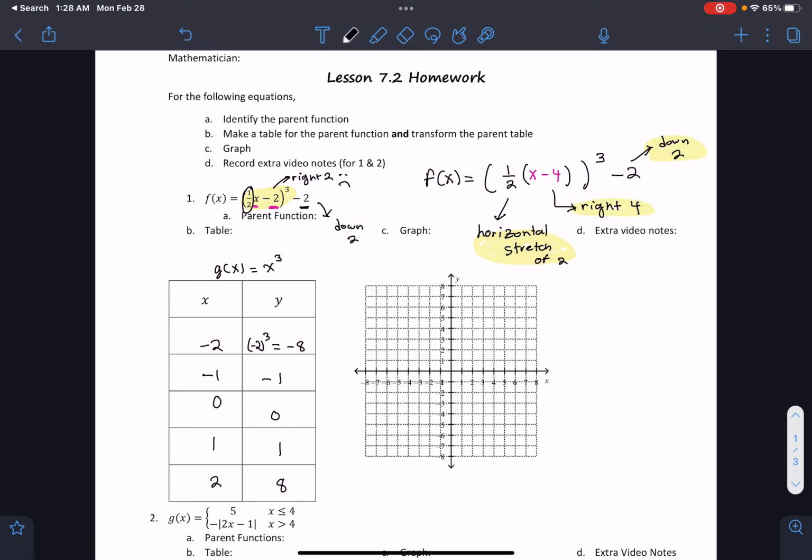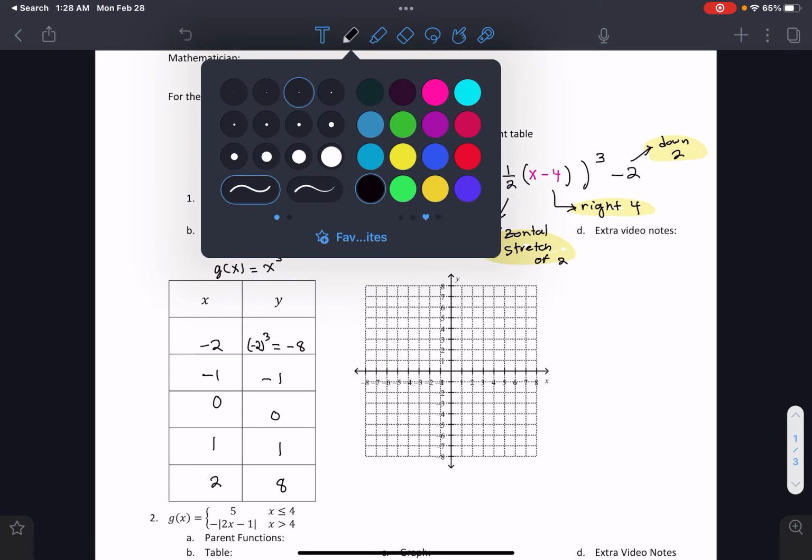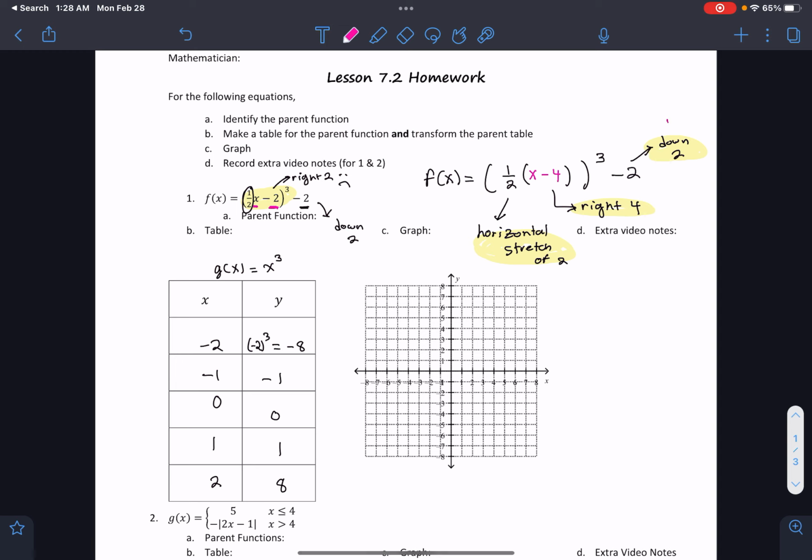And we have to ask ourselves, which variables do these transformations affect? So for instance, going down 2, that affects your y values. Going right 4, that affects your x values, and a horizontal stretch of 2 affects your x values. So what I'm going to do here is extend my table.